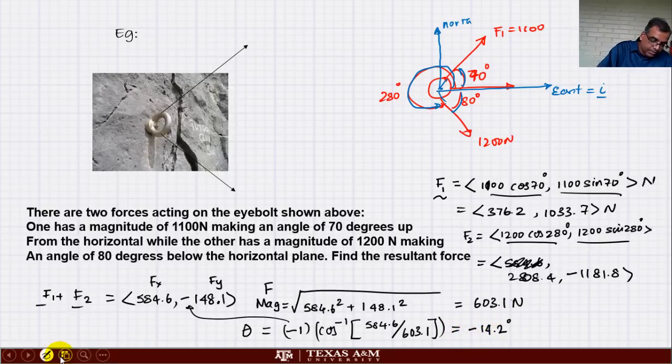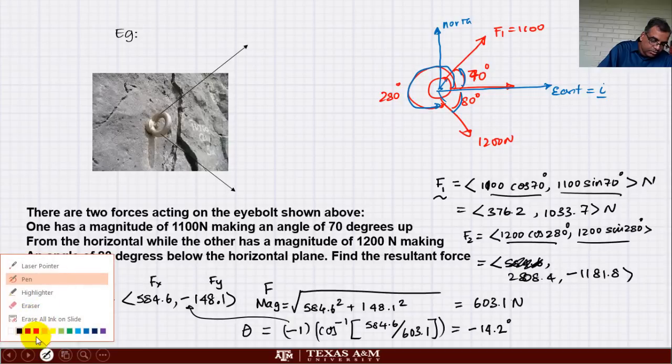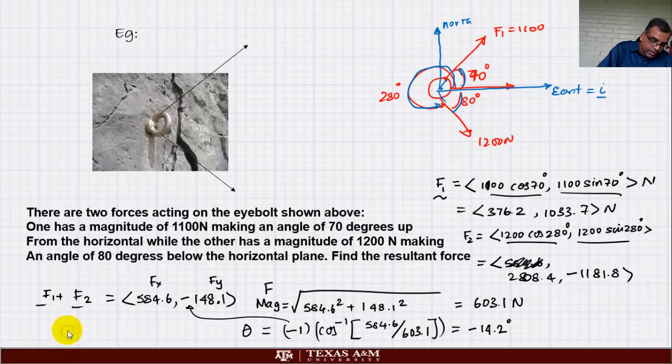So what does it mean? I want to draw this now in green. Look at the size of this, 1100. That's about the weight of two persons, whereas this is about 603 newtons, about the weight of one person. So it's about half the size. And the angle is minus 14.2. So I'm going to draw it here like that.